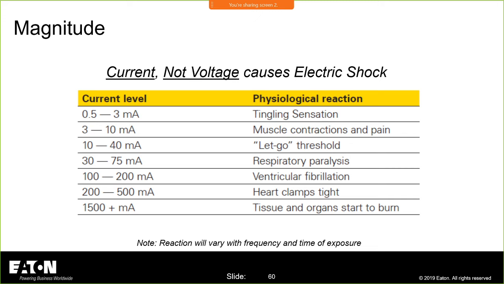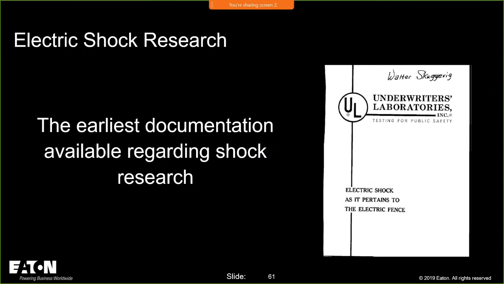Now, I always look at charts like this and wonder how much beer money was earned off of getting this data, right? Unfortunately, I usually joke about stuff like that and say, I can just see some college student or some employee somewhere saying, hey, let me put this current through you. Unfortunately, that's how some of this data came about.